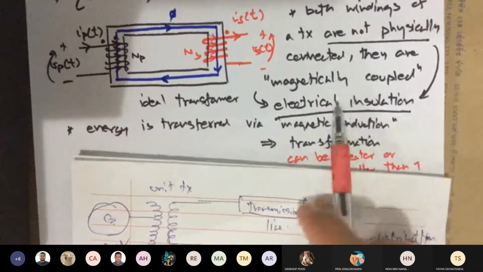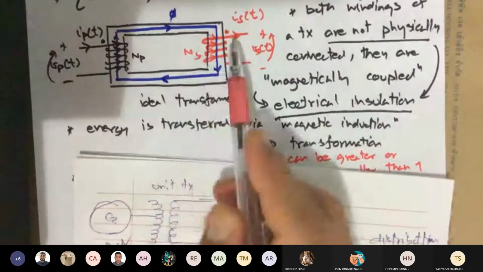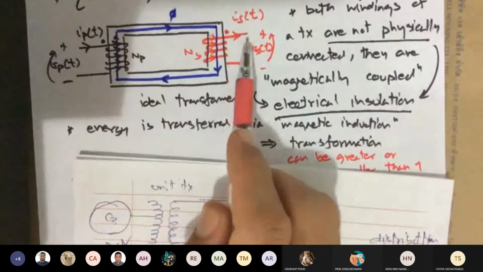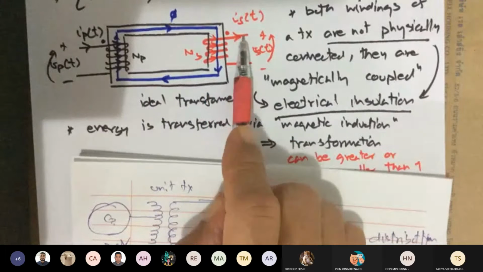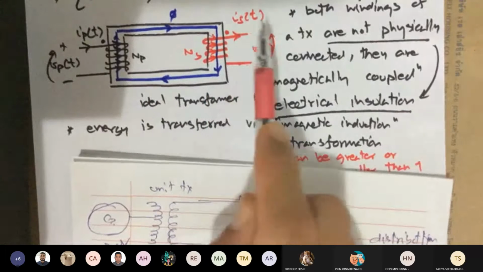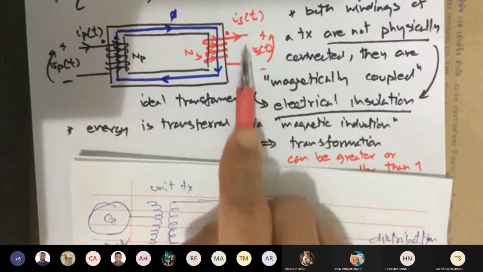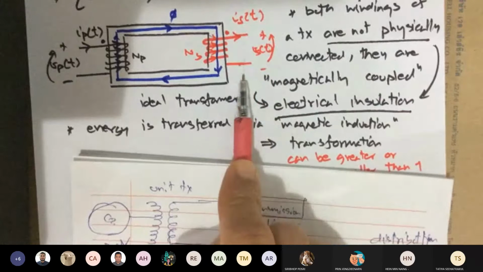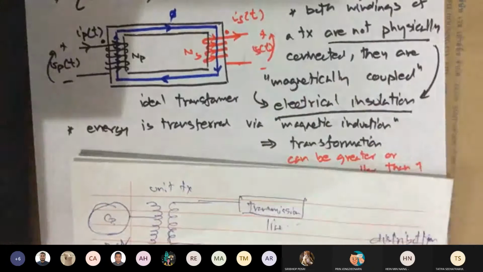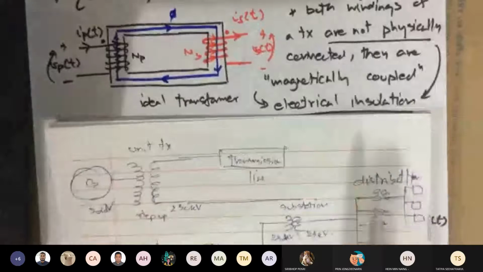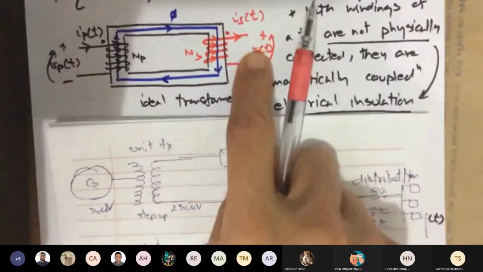The positive point is that whatever happens on one side, usually on the load side, if I connect this to a load and an accident happens on the secondary side, there's a short circuit here. When my secondary is shorted, I have no voltage.